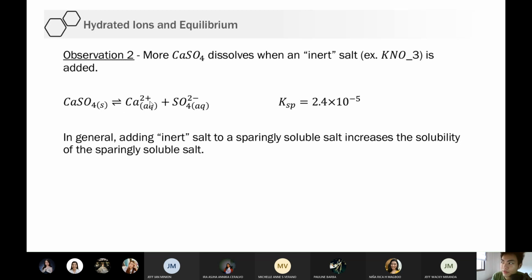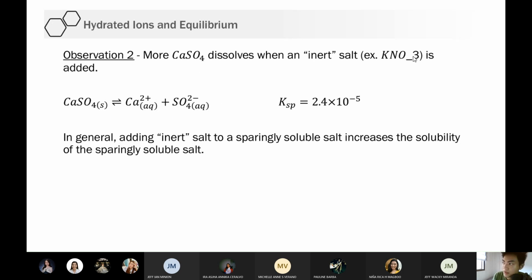However, according to its Ksp, the solubility product, the reaction here is strongly reactant-favored. That means only a few of the ions will be produced, so the precipitate will predominate the solution, not their ions.